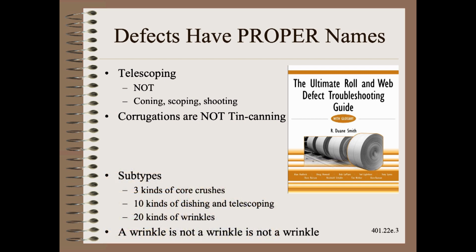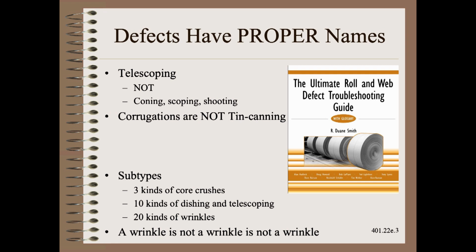Also, as we learn from any of these resources, our defects, such as core crush, telescopes, and wrinkles, are not a single defect, but rather a collection of distinctly different defects that happen to have a similar outcome. You must get the right subcase because, for example, 2 of the core crushes are tight defects and 1 is a loose defect.